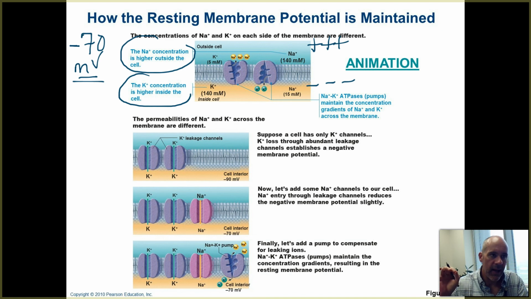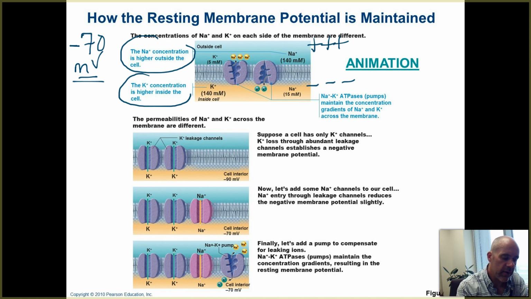It's not that the outside is all positive and the inside is all negative. If you sum up all of the charges, outside versus inside, the outside is a little more positive than the inside. The inside is a little bit more negative. So this minus 70 millivoltage really is based on the differences in sodium and potassium concentrations on either side of the membranes of these cells.